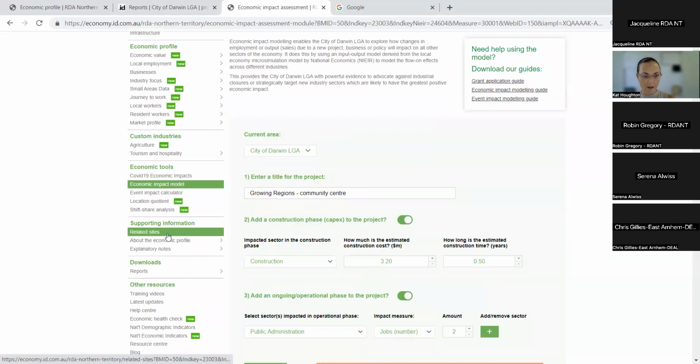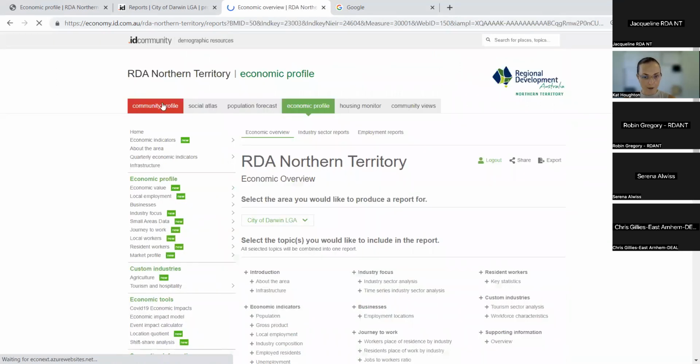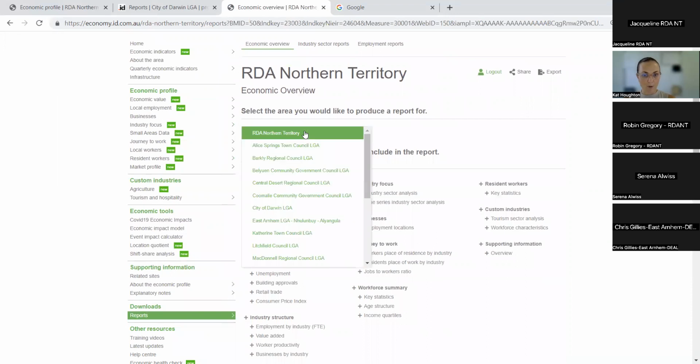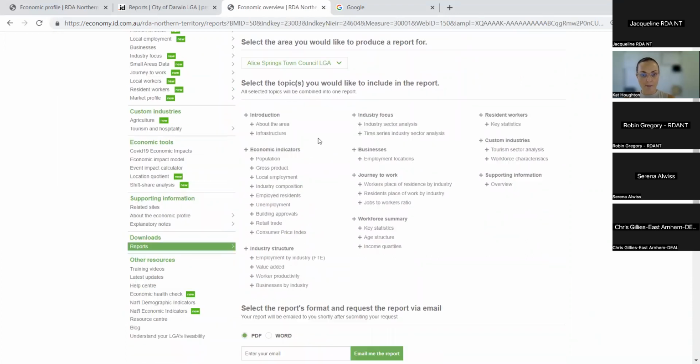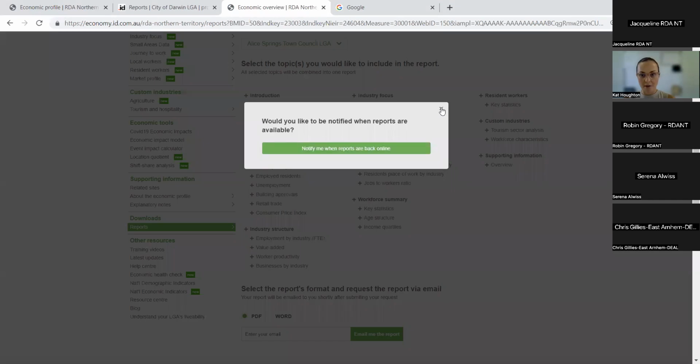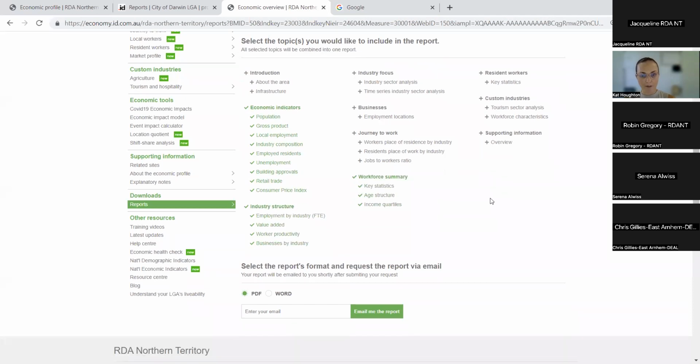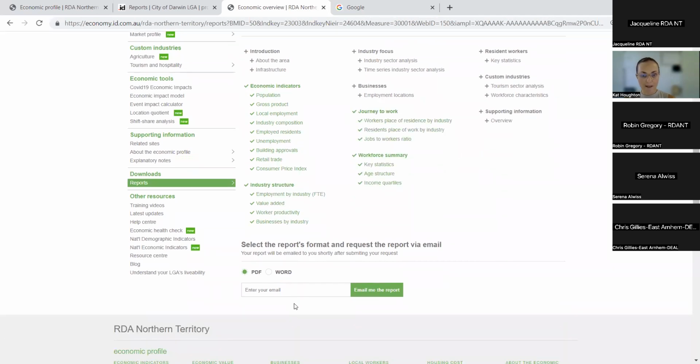The other thing online that you guys can get is, when I talked about the reports in the community profile section, we've also got reports for the economy. So if you're looking at Alice Springs, okay, our reports are down at the moment, but that's okay. You can come on here and grab all of these particular topics, enter your email and send it to yourself in PDF or Word, and you can get that report as well.